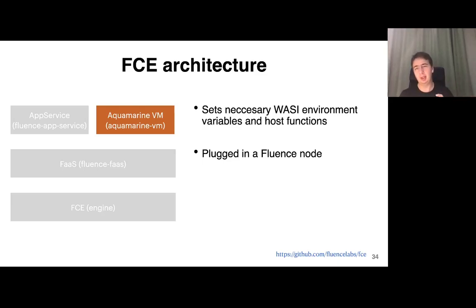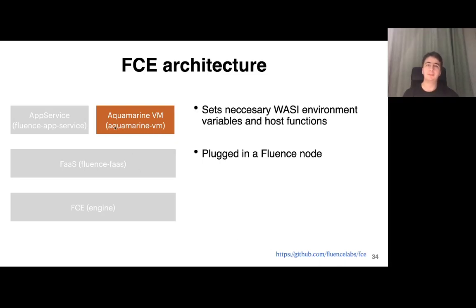All this script is compiled to the so-called Aquamarine intermediate representation, and this intermediate representation is itself compiled to WebAssembly. To provide an easy way to integrate, we have the Aquamarine virtual machine on this layer, so you just plug it into the Fluence node. All of these layers can be found in our repository by this name, in these brackets.